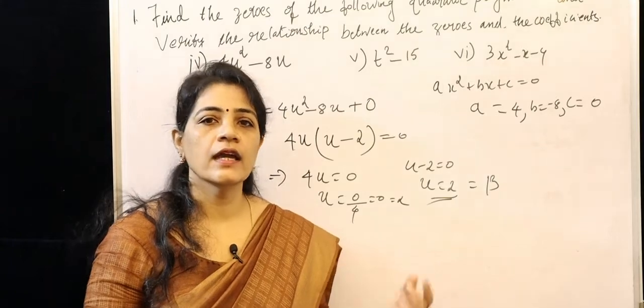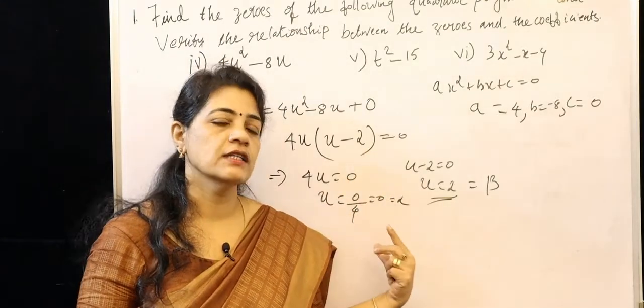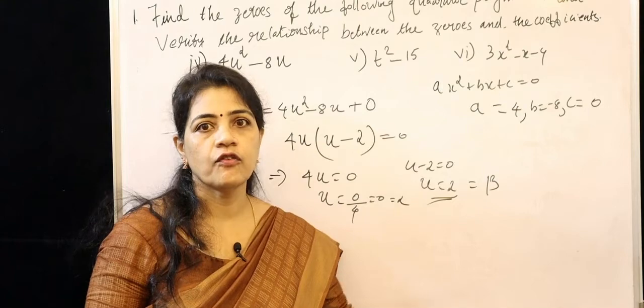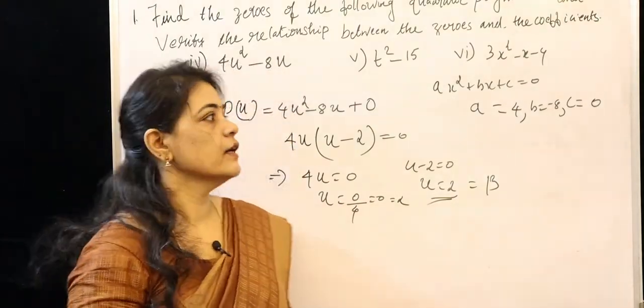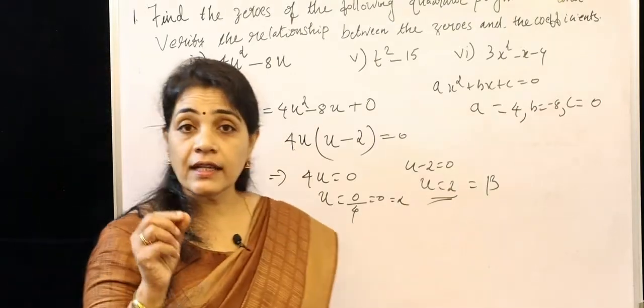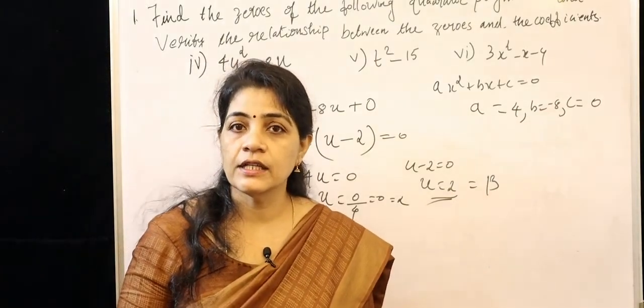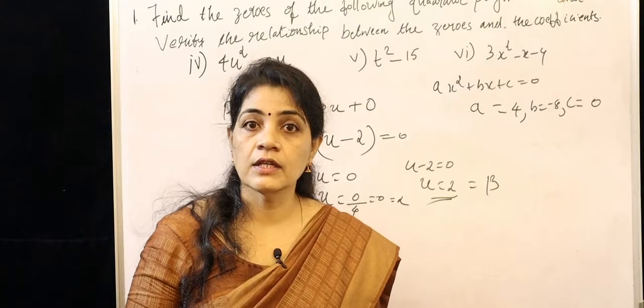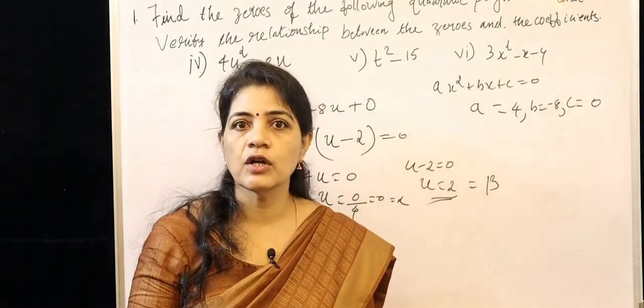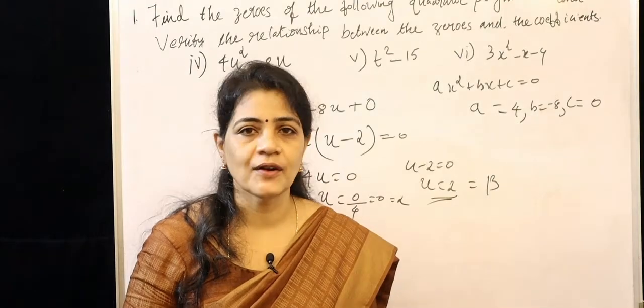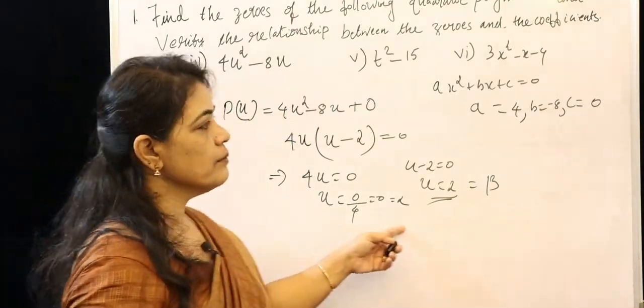Okay, so that is why I have taken the common factor and we got alpha and beta as 0 and 2. That point is clear, children. Okay. See children, in order to get the zeros of the polynomial, splitting the middle term is not the only method. Okay, you can factorize according to our convenience. Understood, children? Okay. So we have alpha and beta.